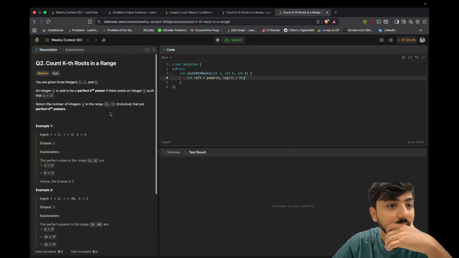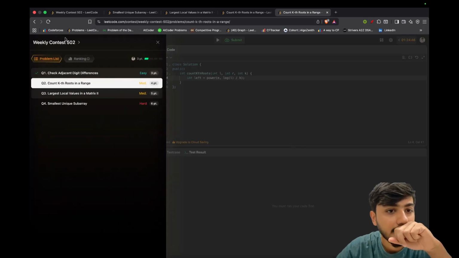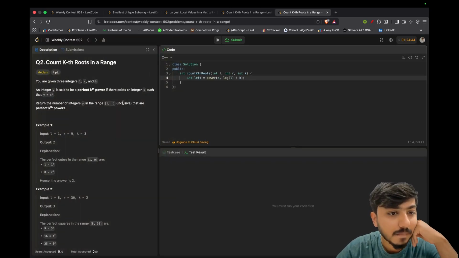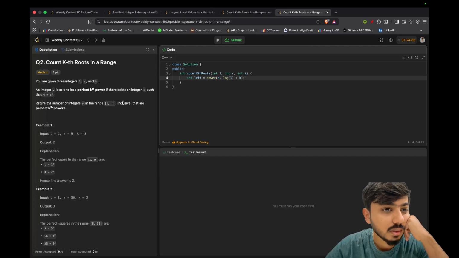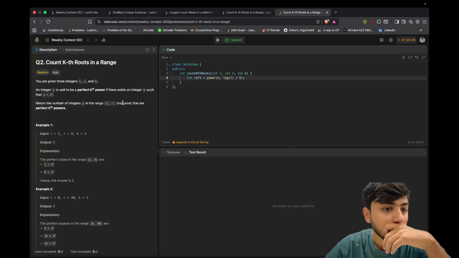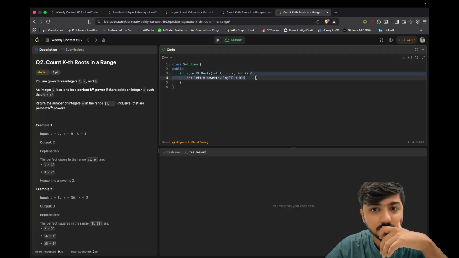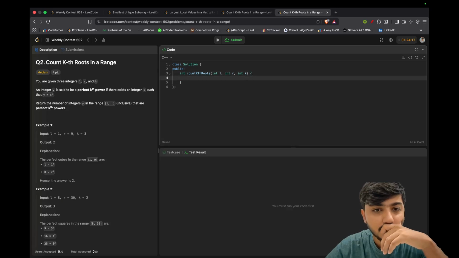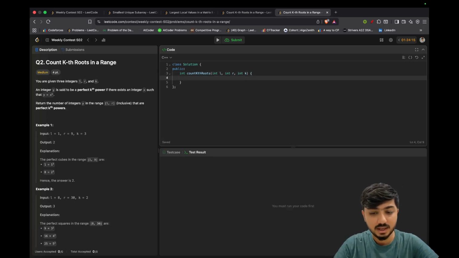Or we can think something better. We can use binary search, right? Yeah, find the smallest x.